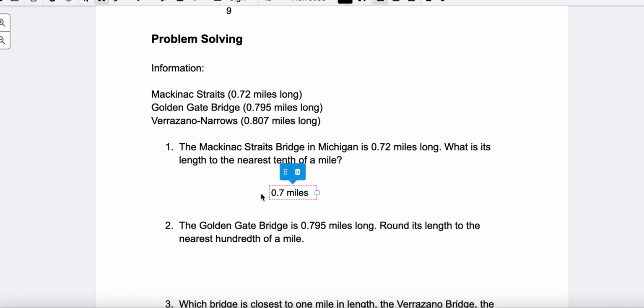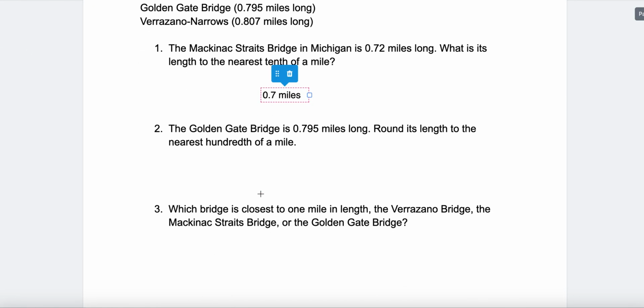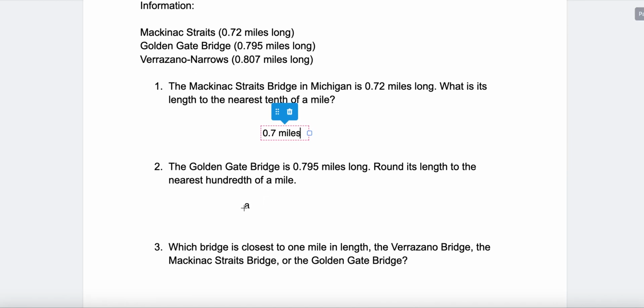Next one. The Golden Gate Bridge is 0.795 miles long. Round its length to the nearest hundredth of a mile. Hundredth is the second number after the decimal. I'll give you about 15 seconds to try this.